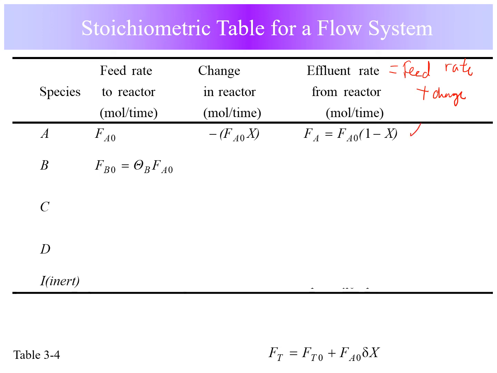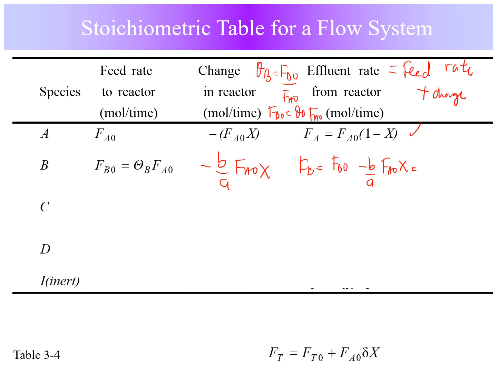For B, we have the change of B, so FB is equal to FB naught minus B over A FA naught X. If you want to change this into theta, theta B is equal to FB naught over FA naught, which means FB naught is equal to theta B times FA naught.